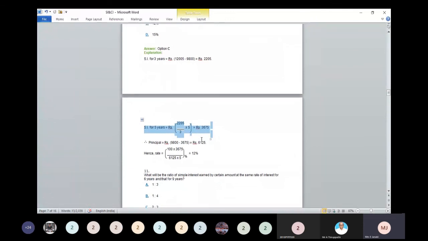R is equal to simple interest into 100 divided by principal amount into time period. Now the simple interest for 5 years is 3,675, into 100, divided by the principal amount 6,125, into time. We have calculated for 5 years only, so into 5, is equal to 12%.